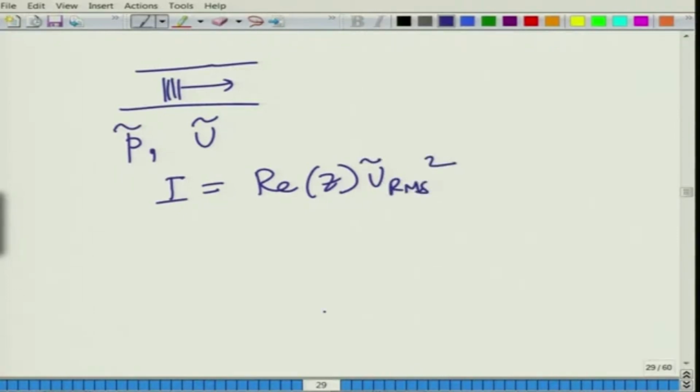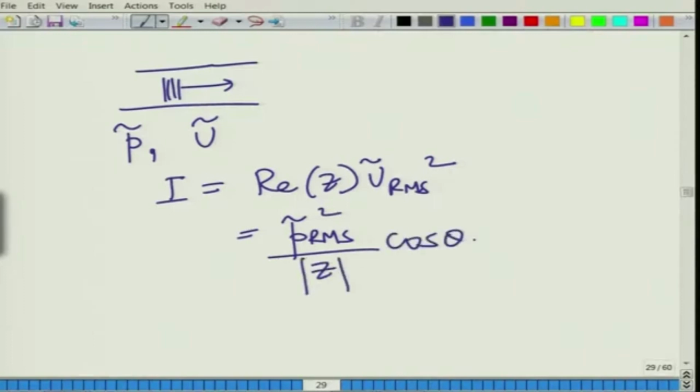Z is the impedance of the medium, and another equivalent expression is P tilde RMS square by Z into cos theta.